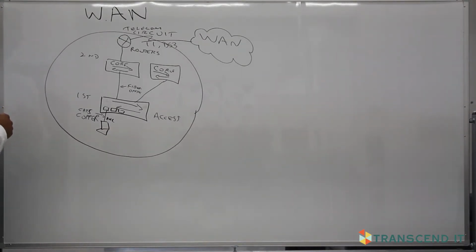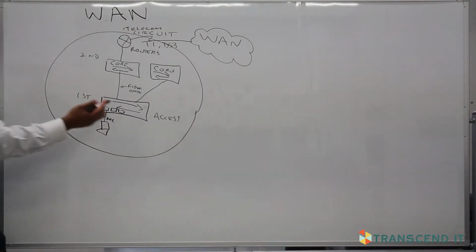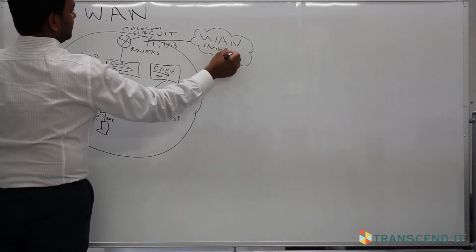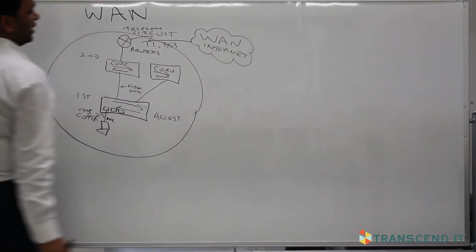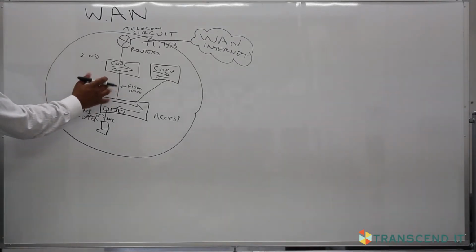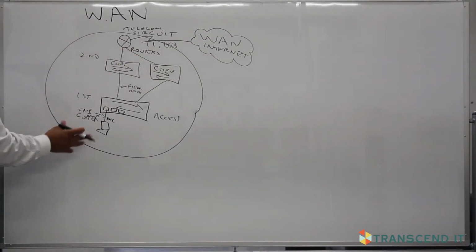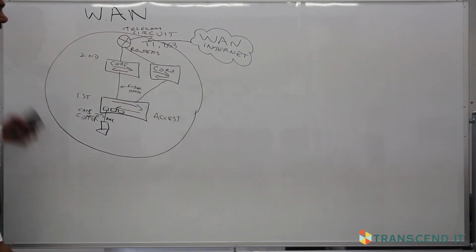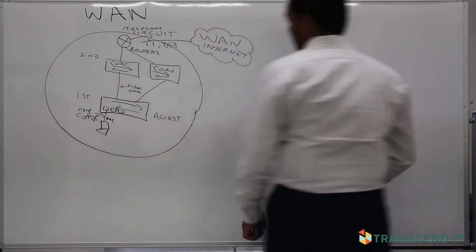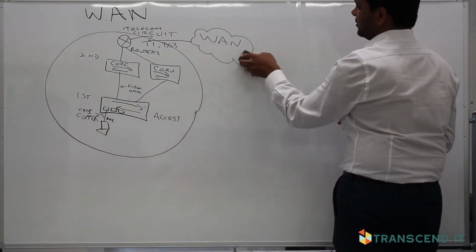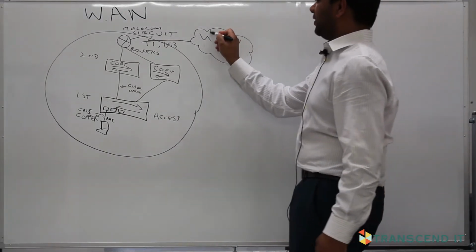So in your home environment, the wide area network is always the internet. But for a company such as a Fortune 1000 company, they're going to have lots of these locations that have users with switches and then a router that connects to a WAN, but that WAN may in fact end up being not the internet, but what's referred to as a private WAN.